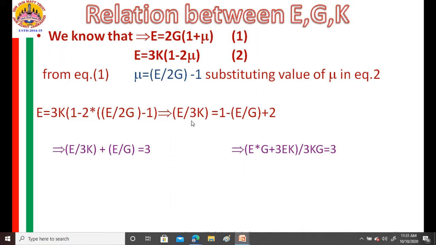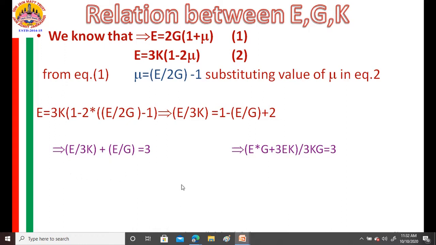Yes, E by 3K, I have taken this E by G on this side. So what is left here is only 3. E by 3K plus E by G equal to 3. Now take the LCM. You will get LCM as 3K and G, 3KG. Here 3K is there, multiplied with G, E into G. Here G is there, multiplied with 3K, that is 3K into E, right?